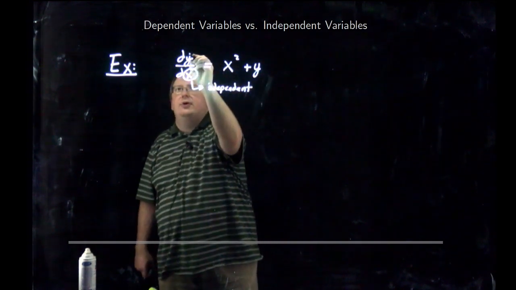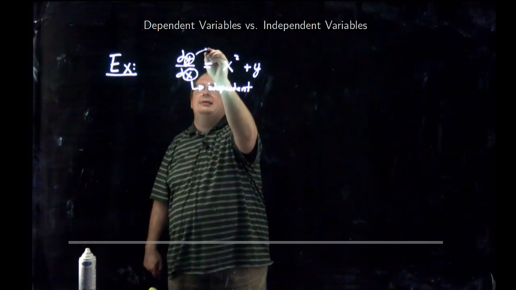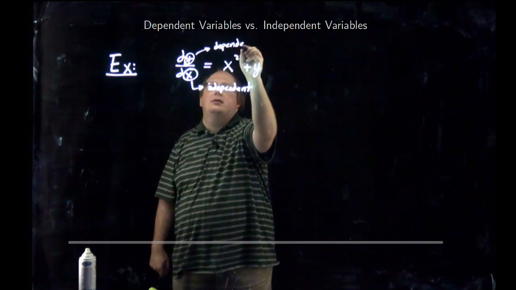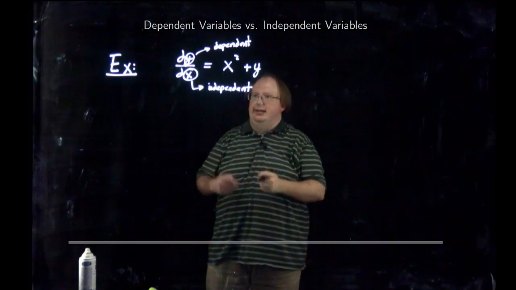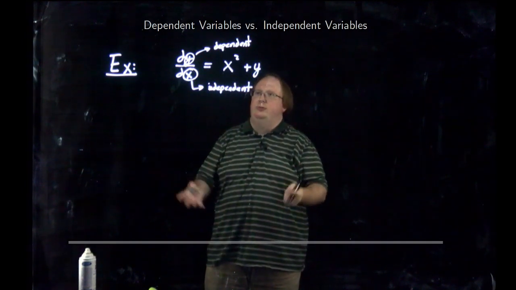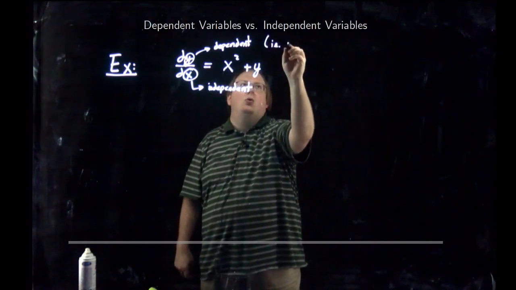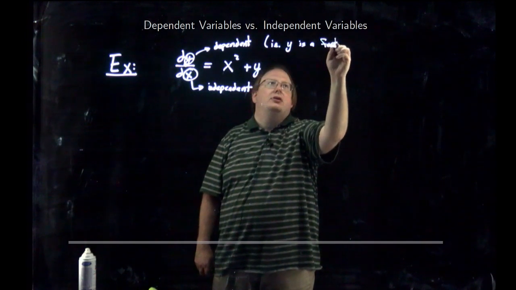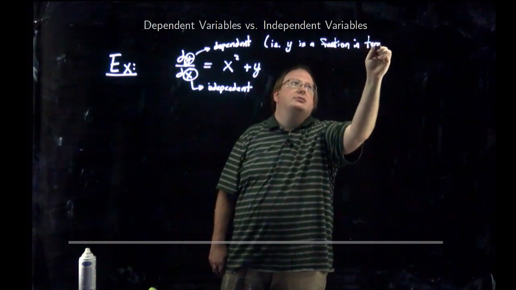And the function that you're taking the derivative of is dependent, because that function depends on x. It's a function in terms of x. So, i.e., y is a function in terms of x.